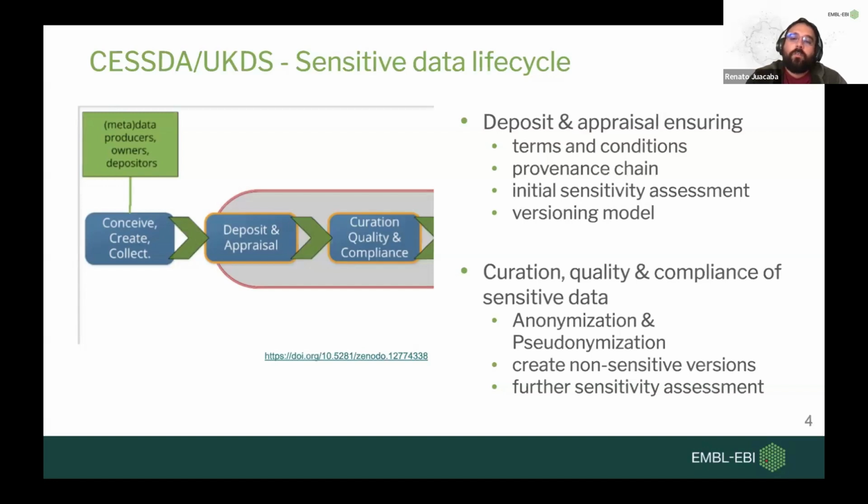The provenance is very important to see where this data comes from without identifying the actual end users. The initial sensitivity assessment is done by the depositors, so for the initial idea of why is this data sensitive, what can be done with this data, and the versioning model to decide if this data changed in the future so that we can identify the different versions of this data.